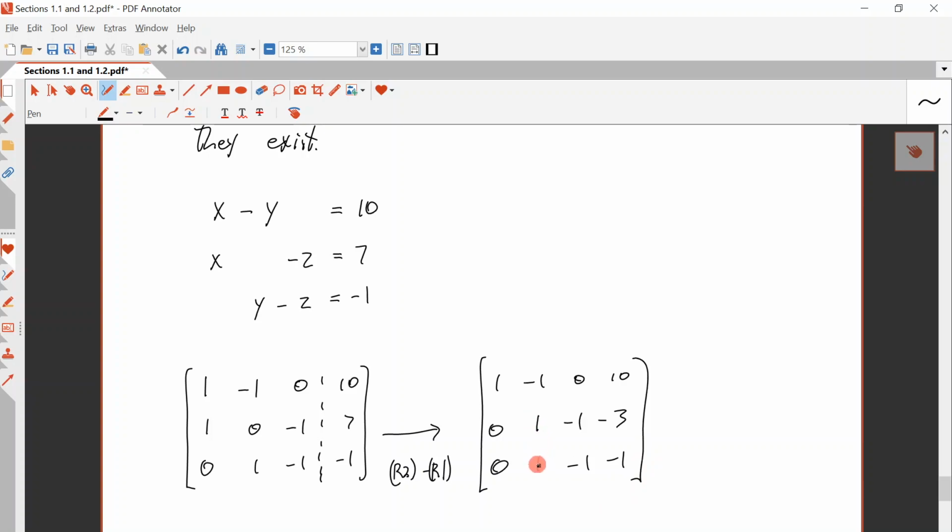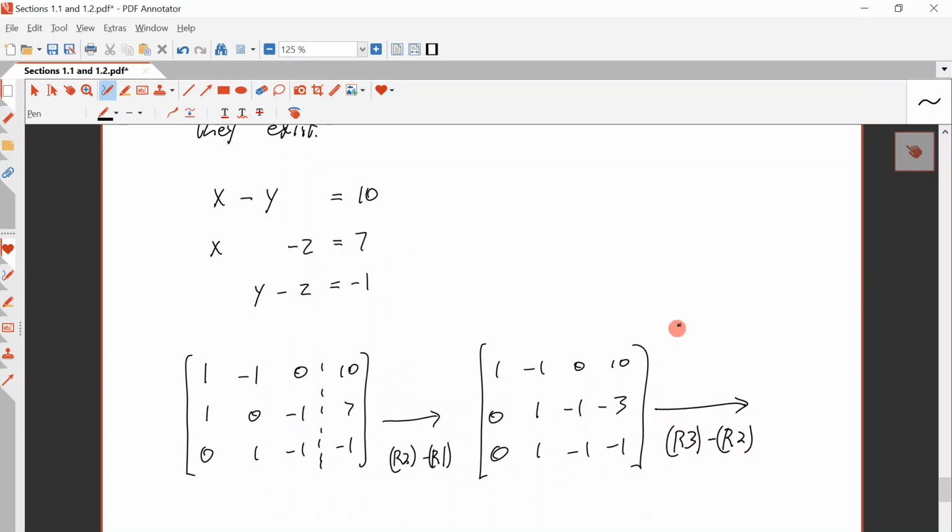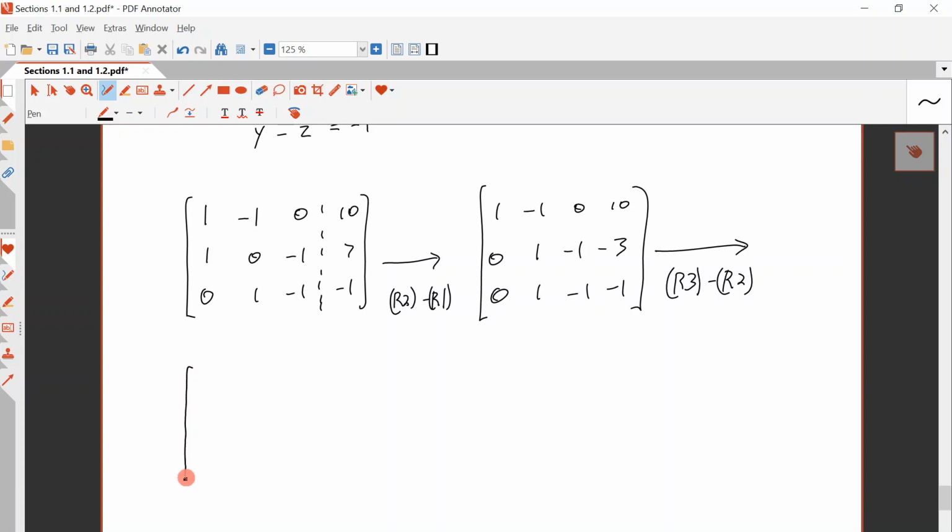So now I want to make a 0 here, so I'm going to do row 3 minus row 2. And what we get here is the following. 1 minus 1 is 0, -1 minus -1 is 0, and then -1 plus 3 is 2.